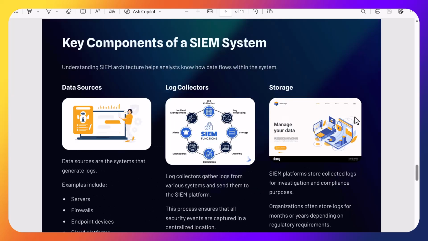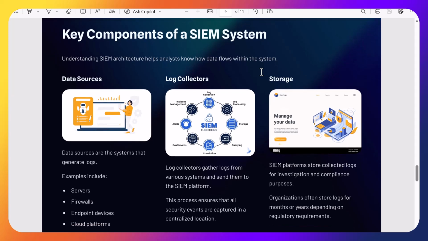Key components of a SIEM system. Understanding the architecture of a SIEM system helps analysts understand how data flows through the system. The main components include data sources, log collectors, and storage. Let's talk about data sources.